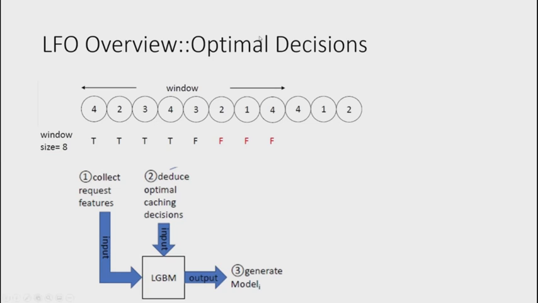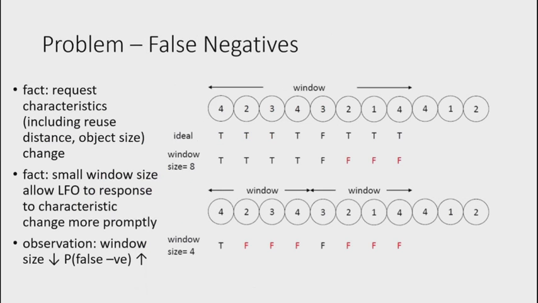Okay, so this is how the optimal decisions are produced. Now, false negatives. From the previous slide, we saw that 2, 1, and 4 are false positives because even though they are at the end of the window, they are not going to be accessed again.